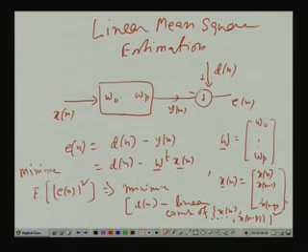That is, we consider the subspace spanned by x[n] up to x[n minus p], and we have to find an optimum linear combination.